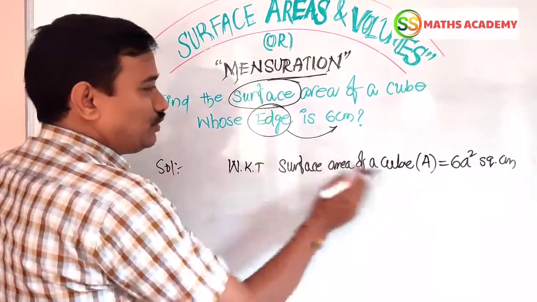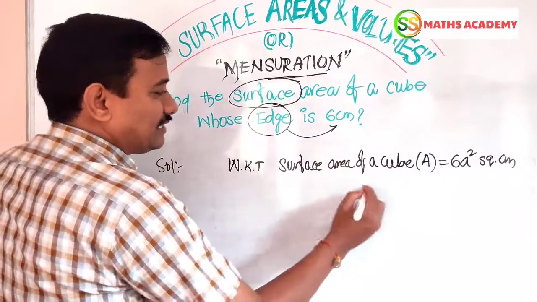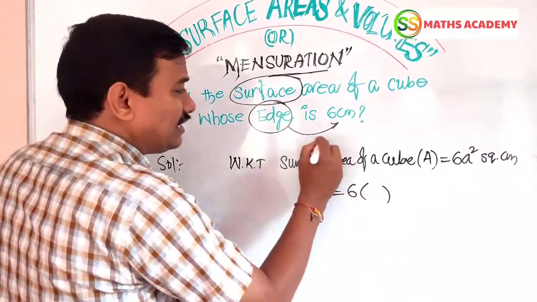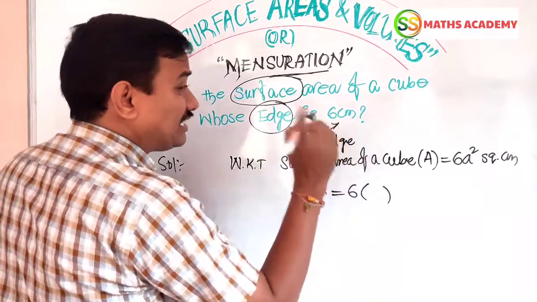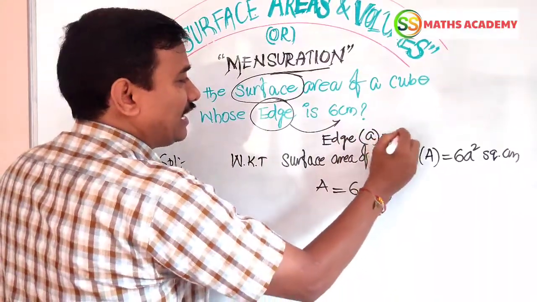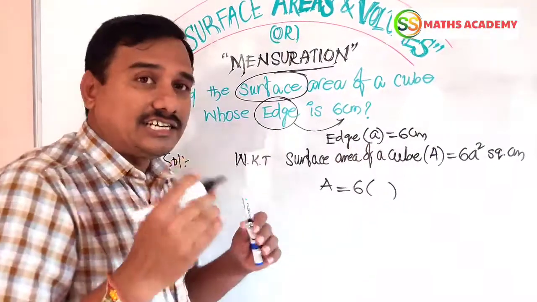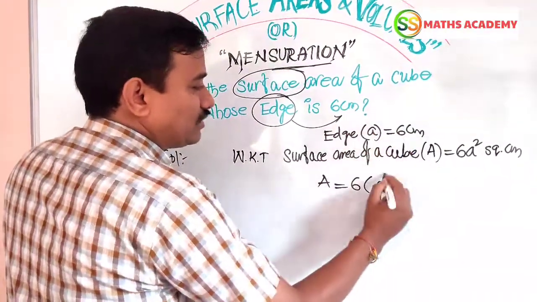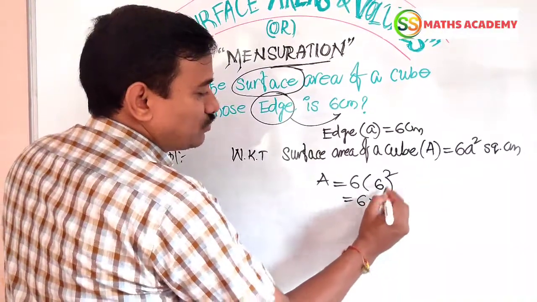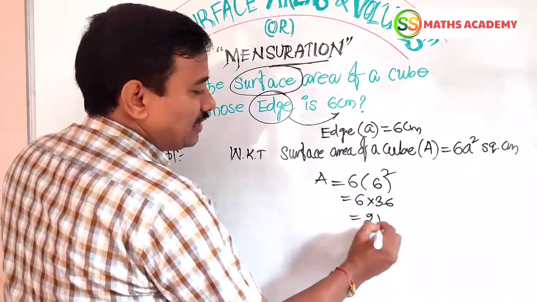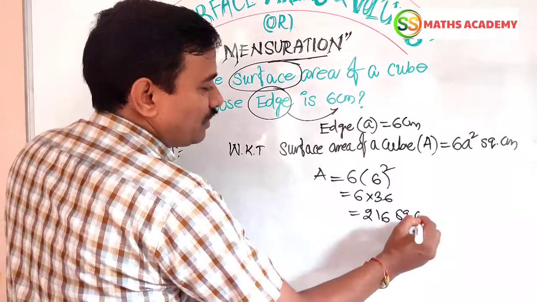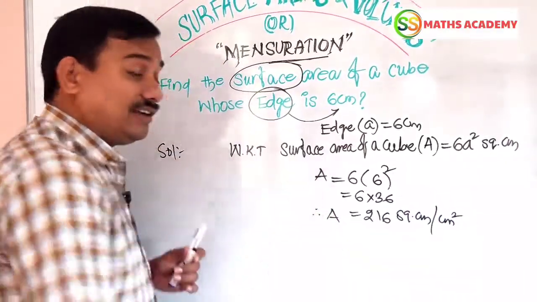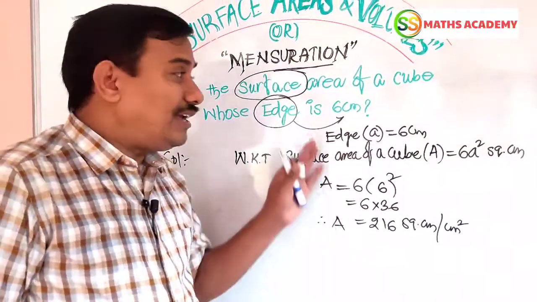Now we should find the surface area. It equals 6a square, where the edge is considered as a. The value of a is 6. Substituting 6 into 6 squared means 36. Now that is 216 square centimeter. This is the total surface area of a cube.